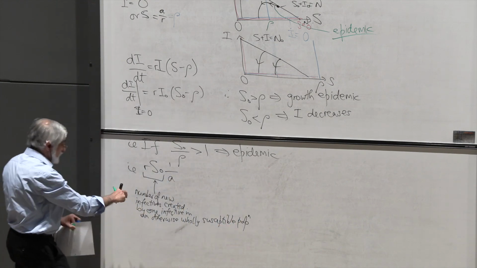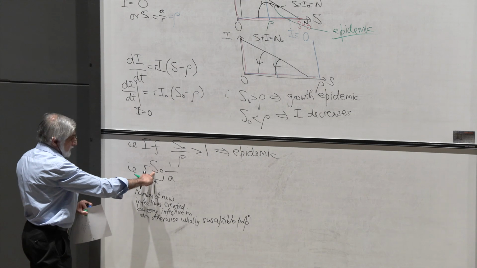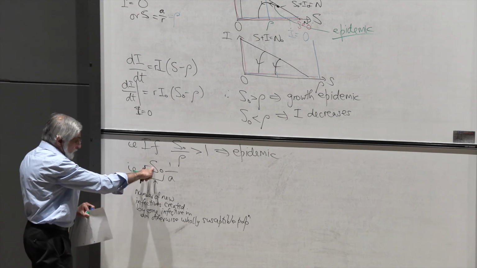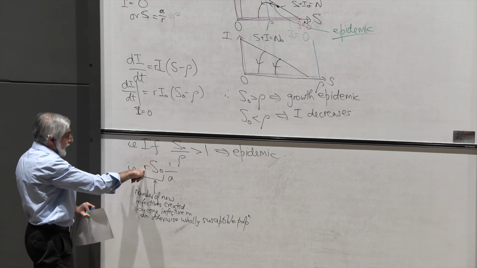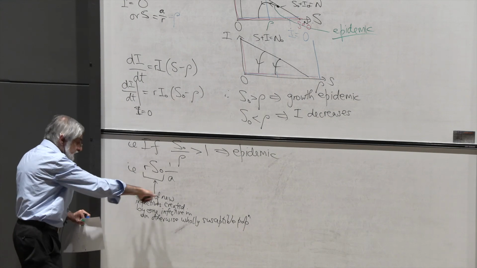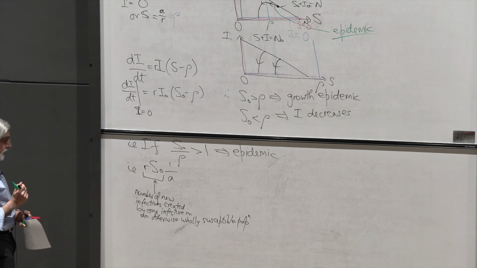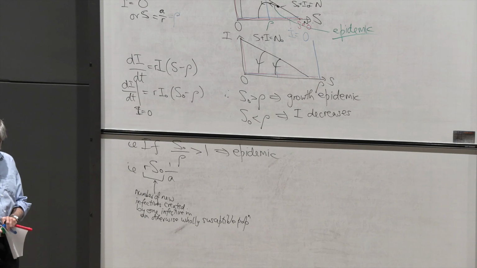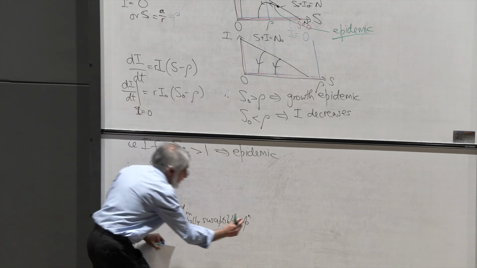Okay, so in other words, if you've got one infected and everybody else is susceptible, then RS naught is the number of new infectives created by one infective, and that's per unit time, because it's ds by dt per unit time.